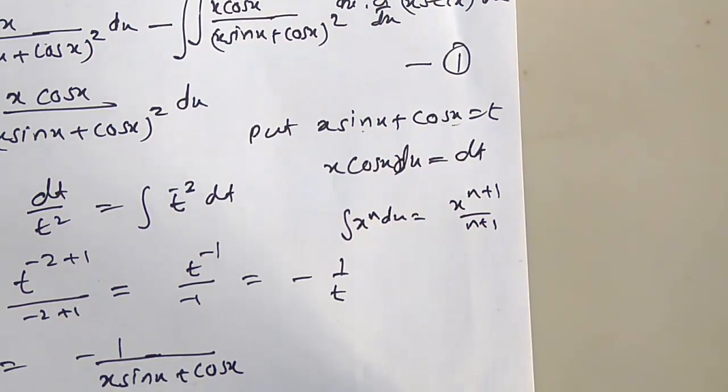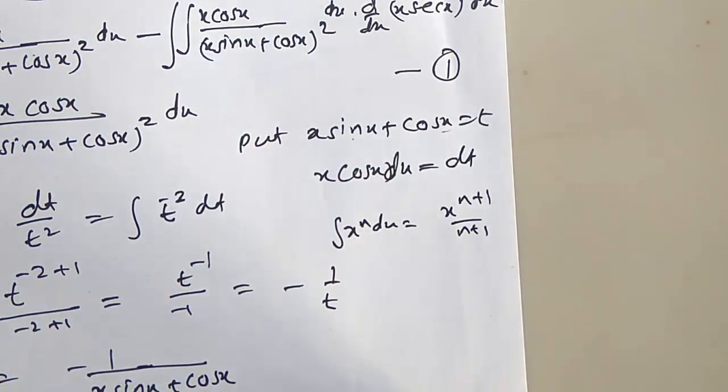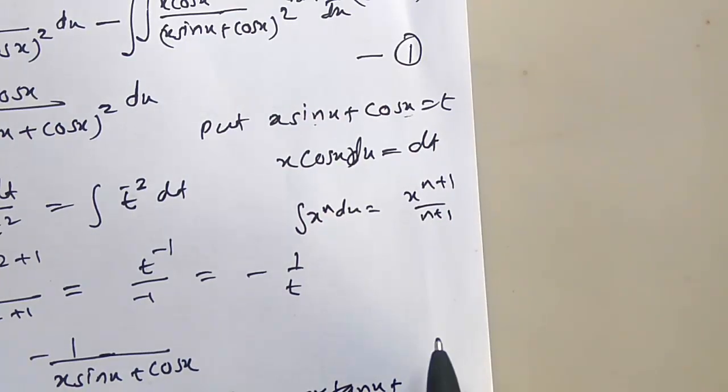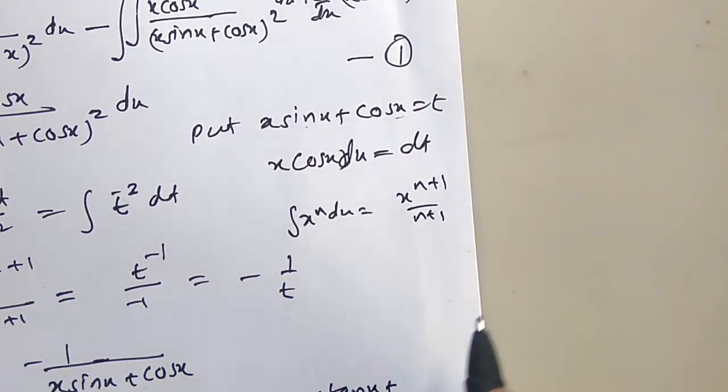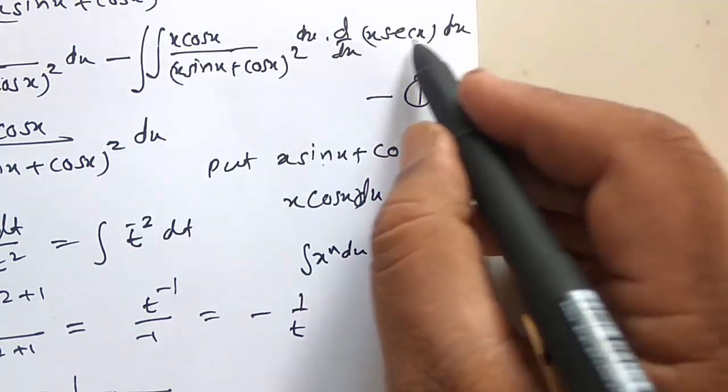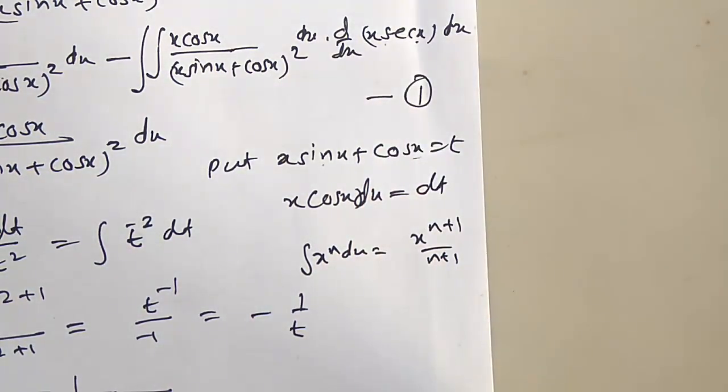Now it is a product, so we use the product rule: x into the derivative of sec x, which is sec x into tan x, plus keeping sec x as it is, the derivative of x is 1.